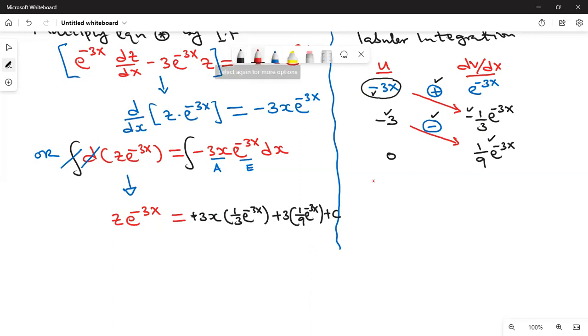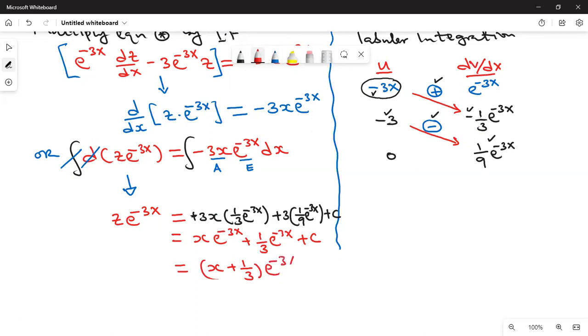And you see this can be simplified so that we have x exponential negative 3x plus 1 over 3 exponential negative 3x plus c. I can see exponential negative 3x is common, so it is x plus 1 over 3 times exponential negative 3x plus c.